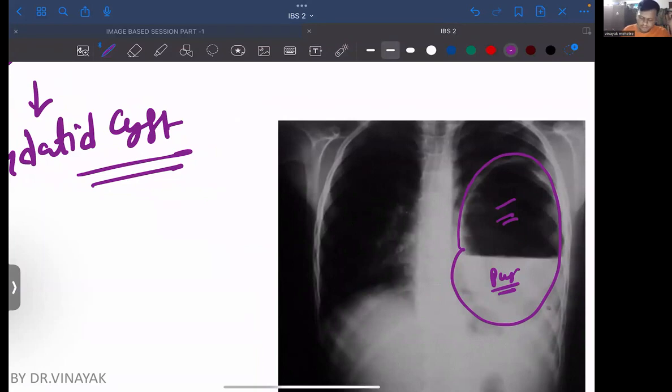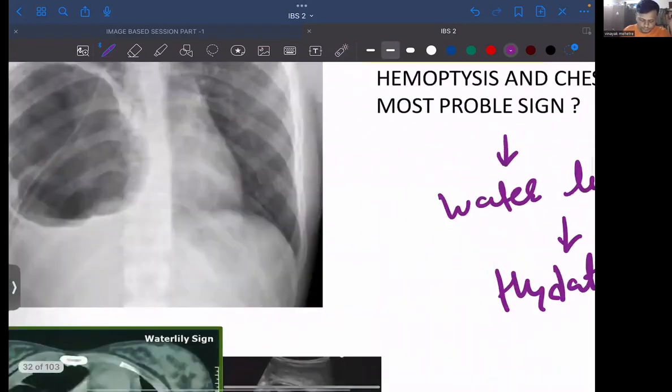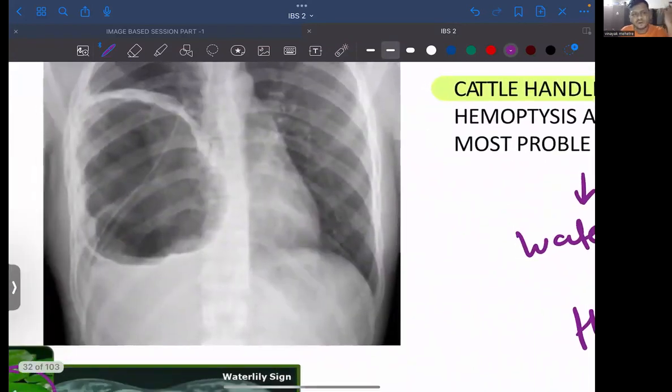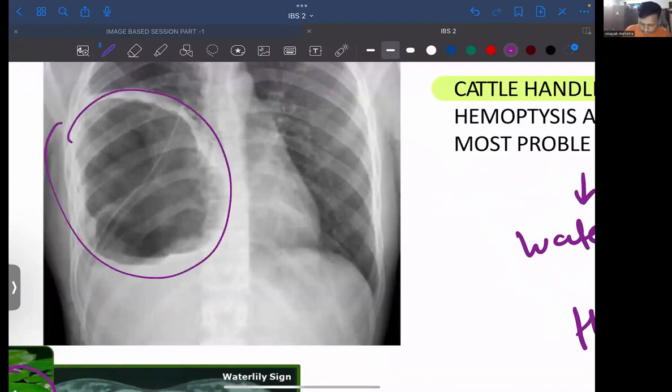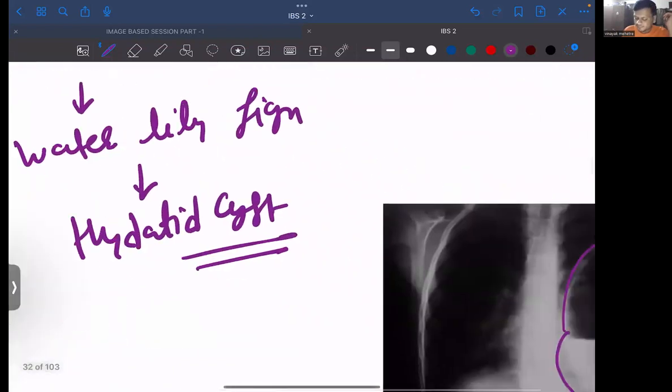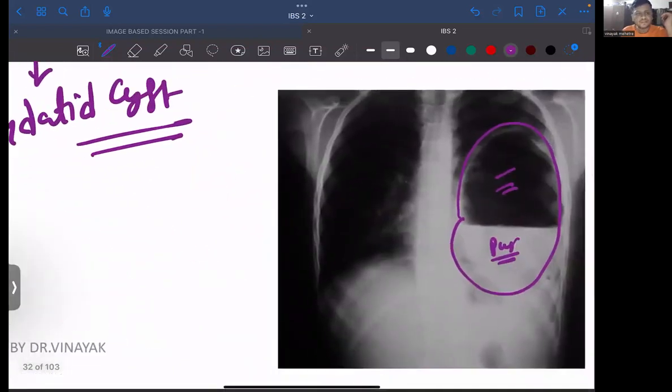Over here it looks like a hollow organ, a hollow cavity, but actually it is here. So do not get confused between lung abscess and water lily sign. In lung abscess you will get demarcations, a cavity with a straight line. Okay, this is lung abscess.